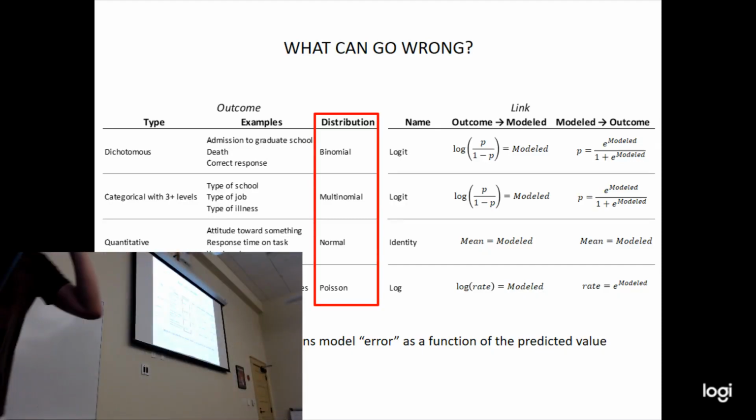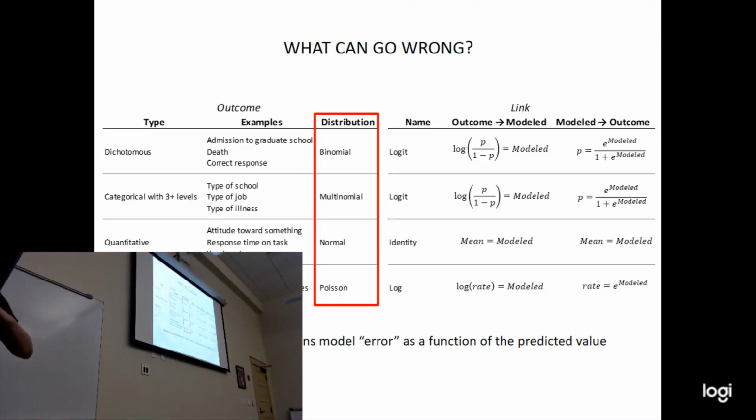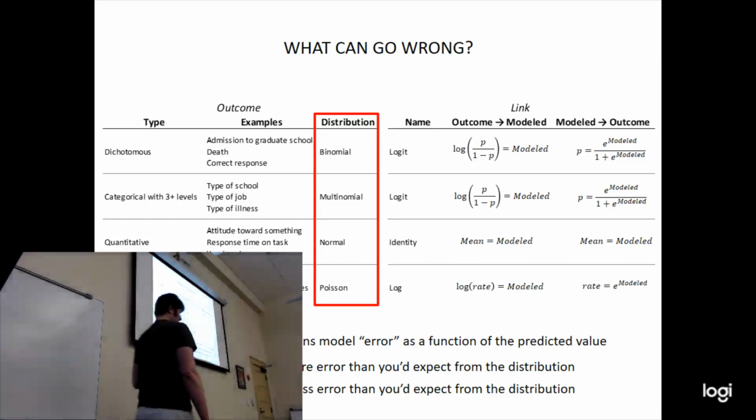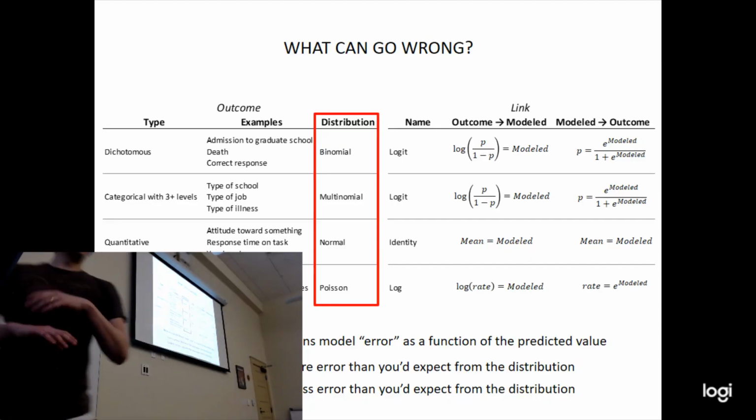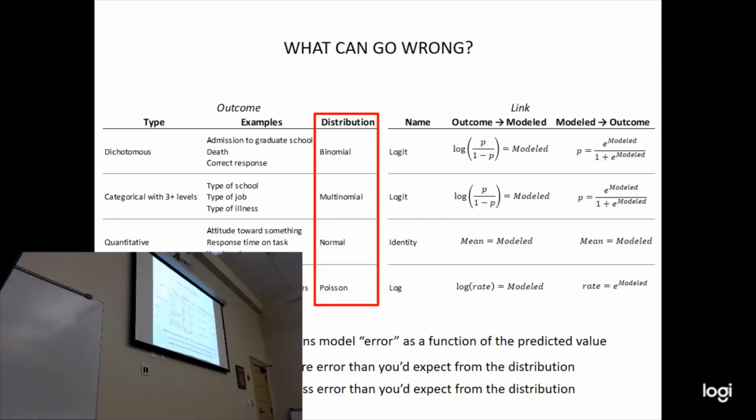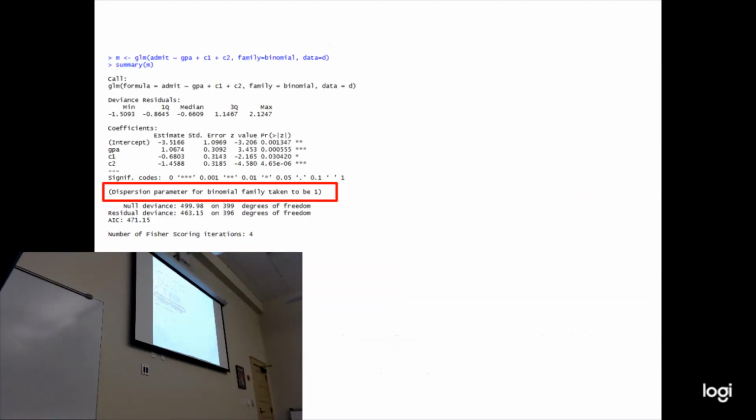There are terms that you don't have to know, but I put here in case you have to do one of these problems, called over-dispersion and under-dispersion. What that means is you're either getting more variability than you might expect from the distribution or less. And there are certain things that you can do to correct for it.